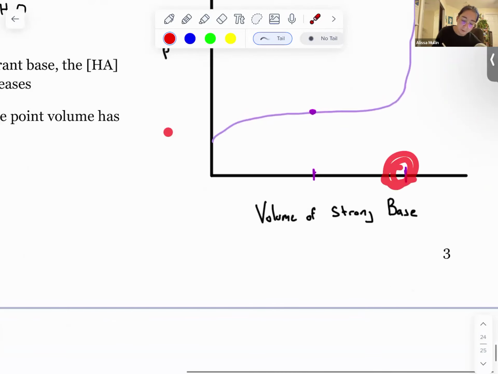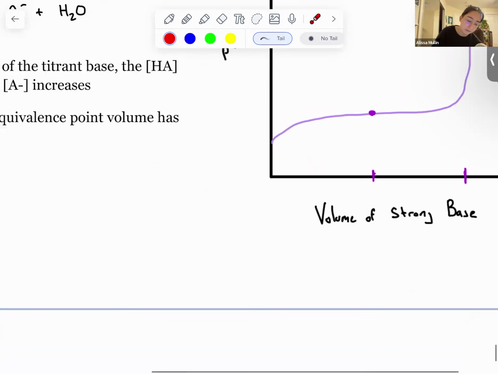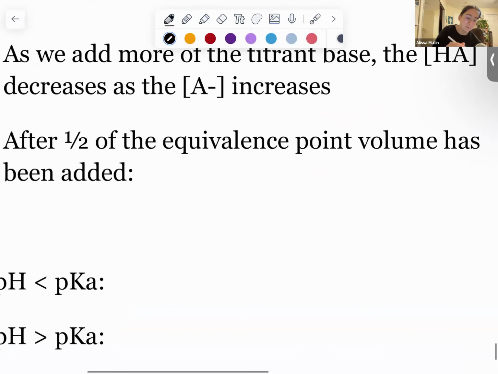But another important part of our titrations is what happens when we've added half the volume of our equivalence point. And this is just based on the Henderson-Hasselbalch equation, you could look back at when we did that math.